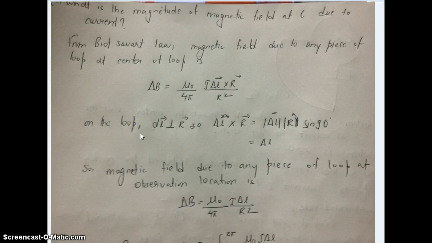On the loop, dL is perpendicular to R, so delta L cross R-hat equals delta L R-hat sine 90, which comes out to be delta L. So the magnetic field due to any piece of loop at the observation location can be given by this new equation, which is delta B equals mu naught by 4 pi, I delta L by R squared.